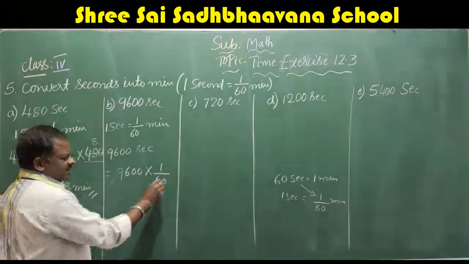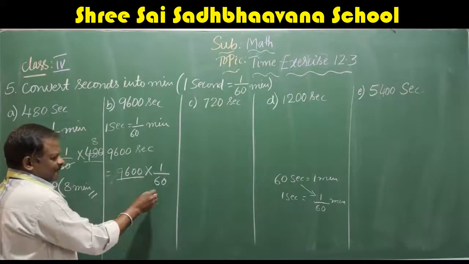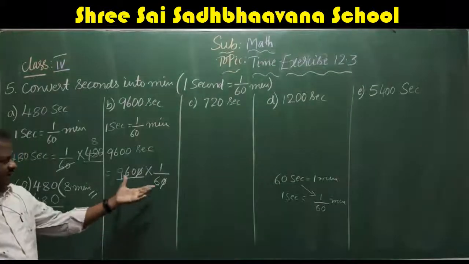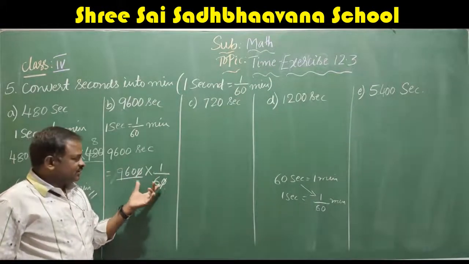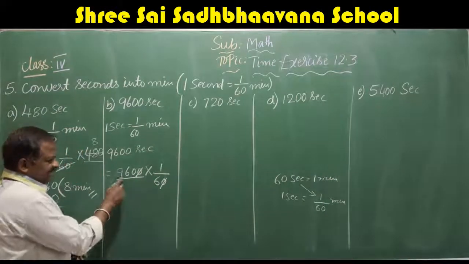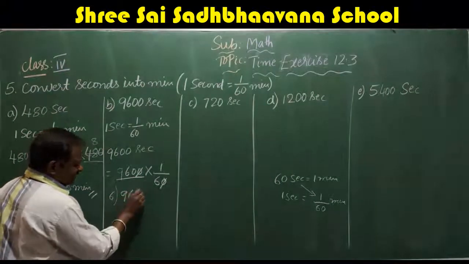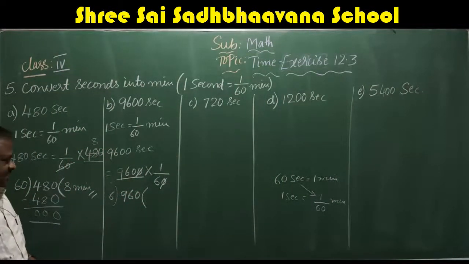Now I will show another method, the cancellation method. 0 0 we can cancel. If both are in the unit places, we can cancel them. Now this becomes 960 by 6. That means you divide 960 by 6.